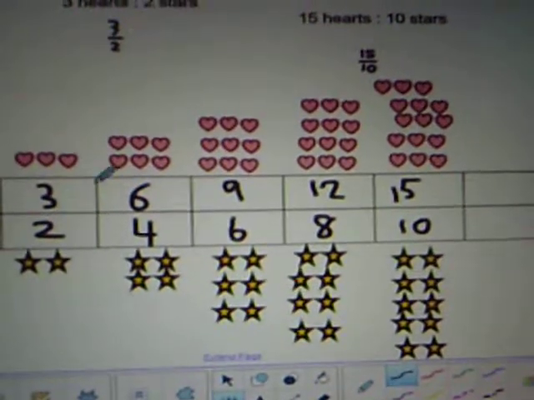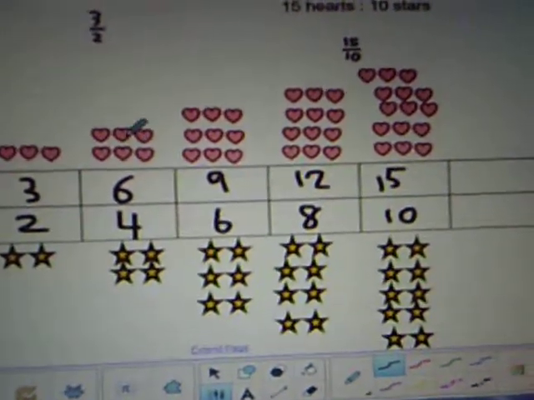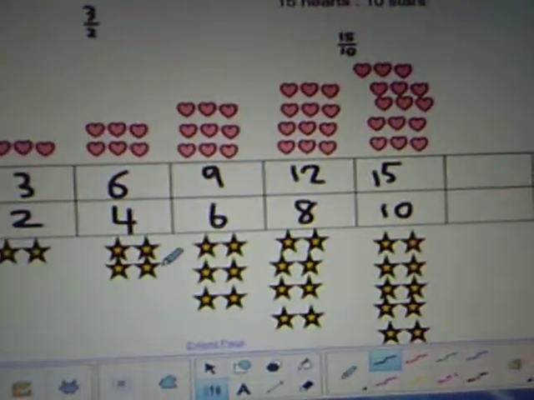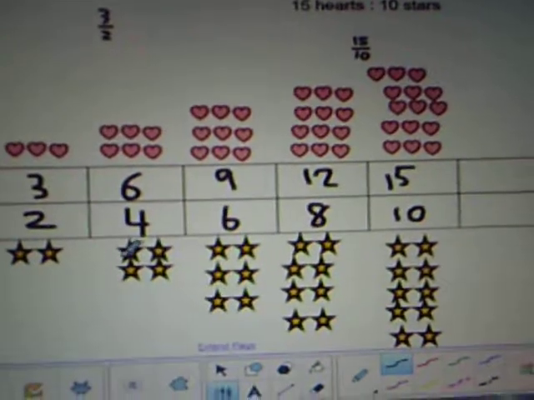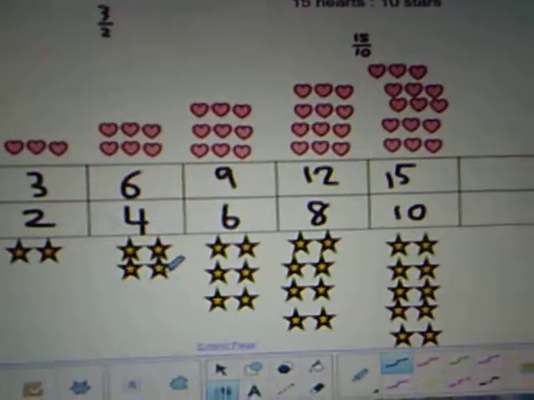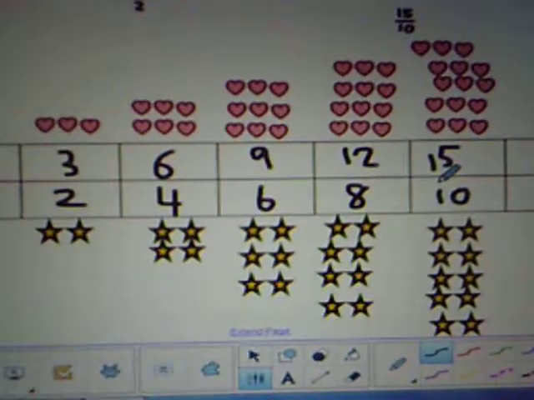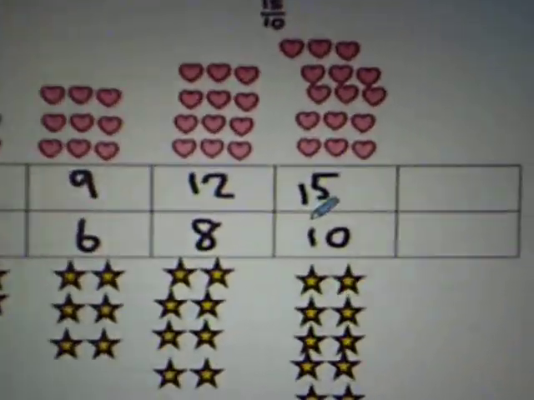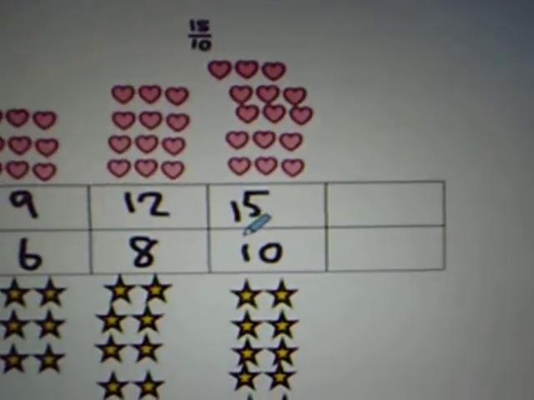So if I complete the ratio table properly, adding 3 hearts and 2 stars each time, making sure that every set of 3 hearts gets 2 stars to go with it, eventually, after the 5th try, I will have the ratio of 15 hearts to 10 stars.